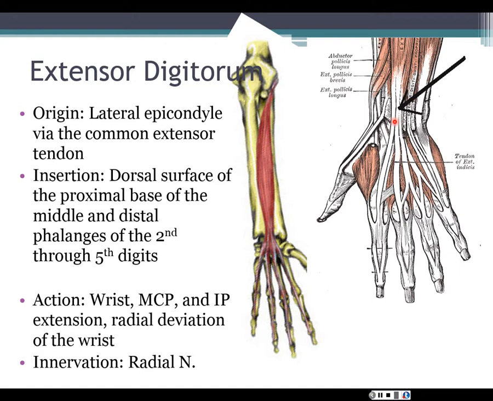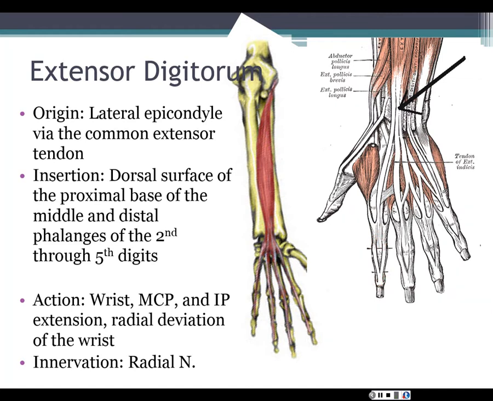Here's one of our extensor tendons coming all the way down, and within one muscle, it's going to have one slip that inserts directly into the base of this middle phalanx, and then within the same tendon, we're going to have offshoots that come around and insert into the base of the distal phalanx.